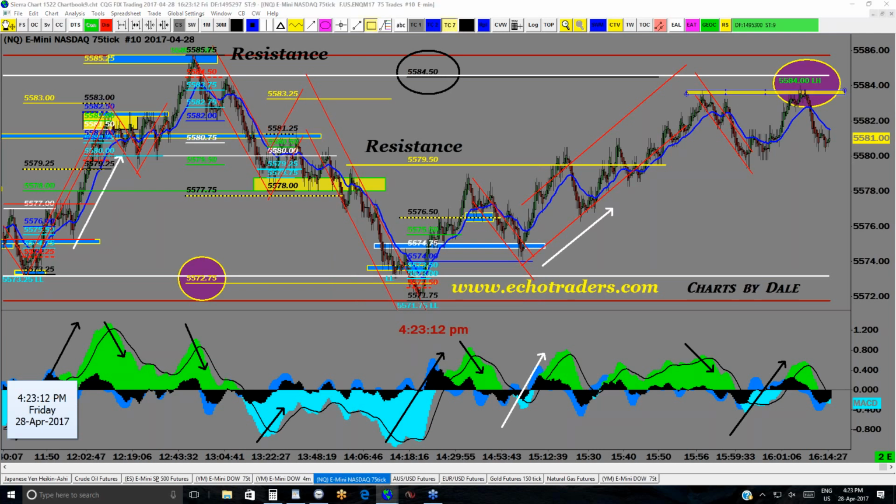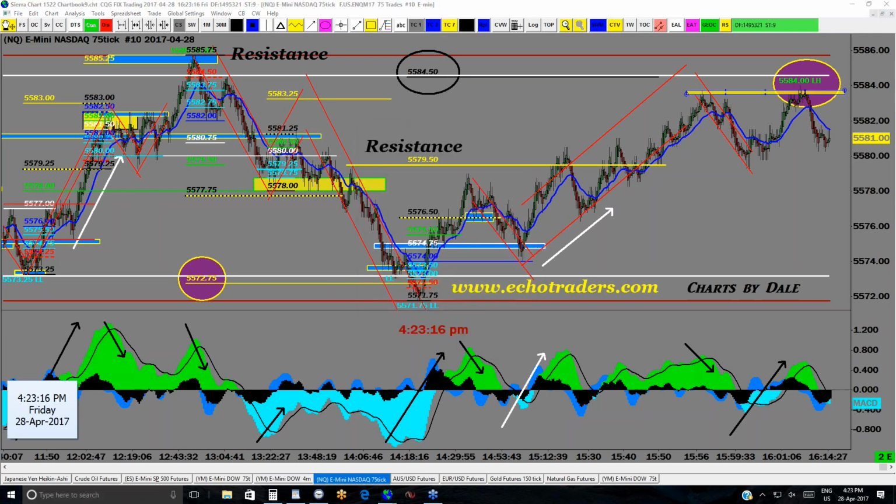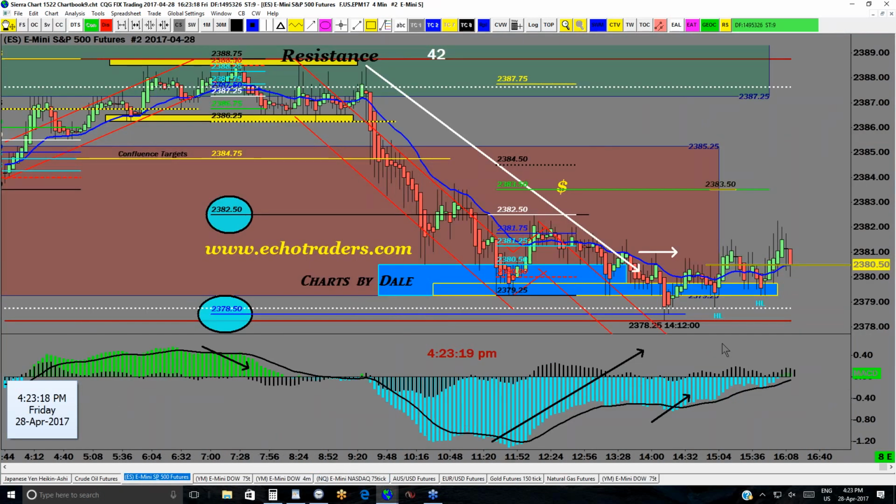And so let's finish with your ES. ES attempted to get some higher highs going here, and came back down and did its cash close here. And so a little bit of a trend more to the upside. We talked earlier about taking out the white arrow.